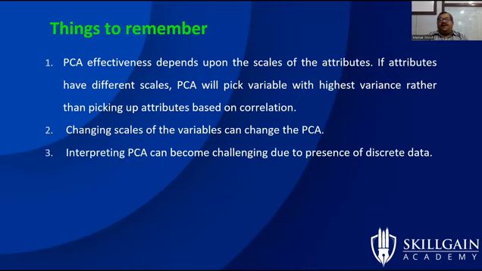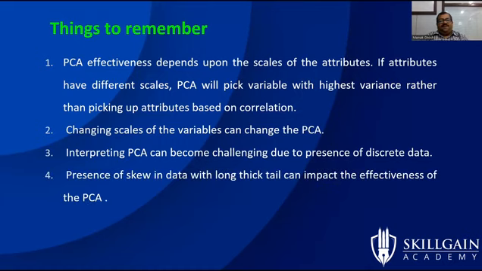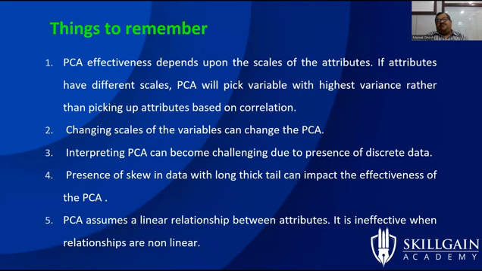Interpreting PCA can become challenging due to the presence of discrete data. The presence of skew in the data, with a long thick tail, can impact the effectiveness of PCA. So basically, in PCA assumptions, it is assumed that all the variables are normally distributed with the same variance. PCA assumes a linear relationship between attributes. It is ineffective when the relationship is not linear.